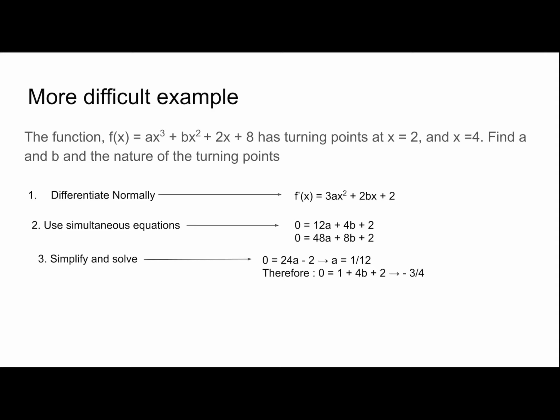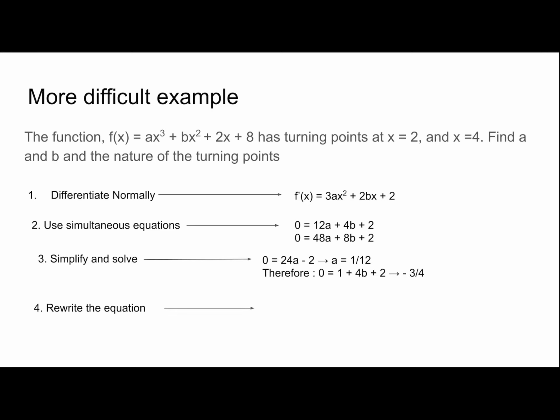So we find the a and b, but now we need to find the nature of the turning points. And once again, we need to do the second derivative test here. First we're going to rewrite the equation because we found our a and b values, but it's a bit confusing right now because we don't have the f dash of x equation. So we can substitute our a and our b back into our equation as numeric values.